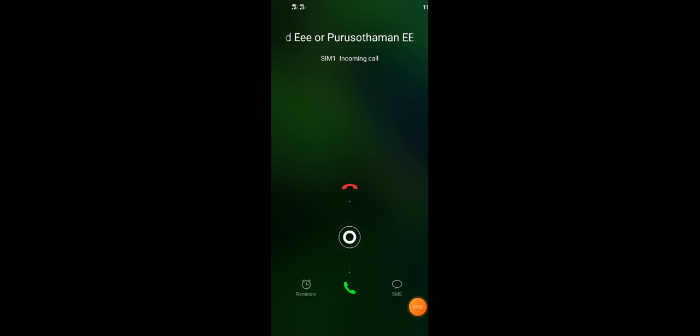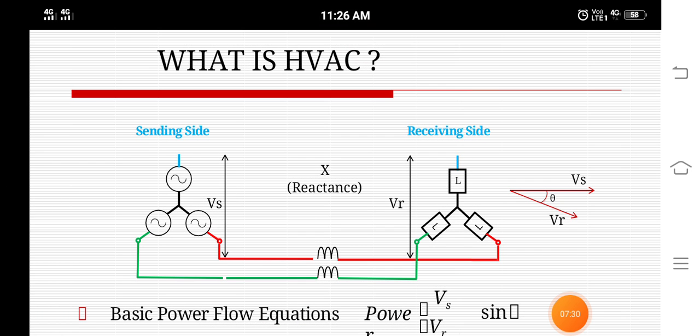Voltage control means, in AC lines, it is complicated by line charging and inductive voltage drops.